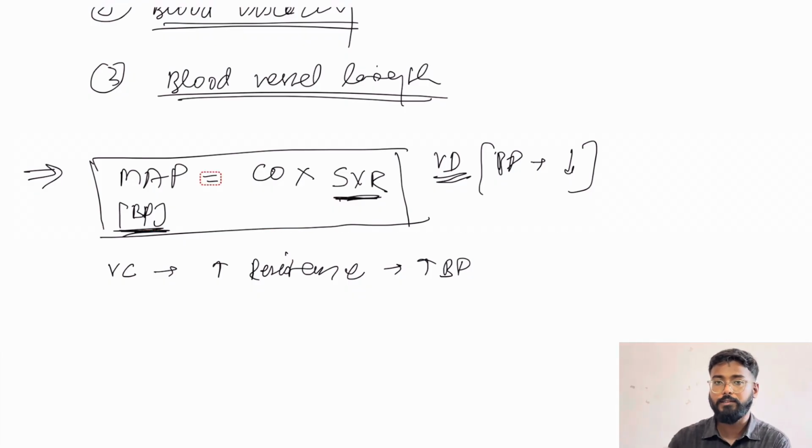So the blood pressure and systemic vascular resistance are interrelated, because the major contributing factor to the SVR, the systemic vascular resistance, is your blood pressure.